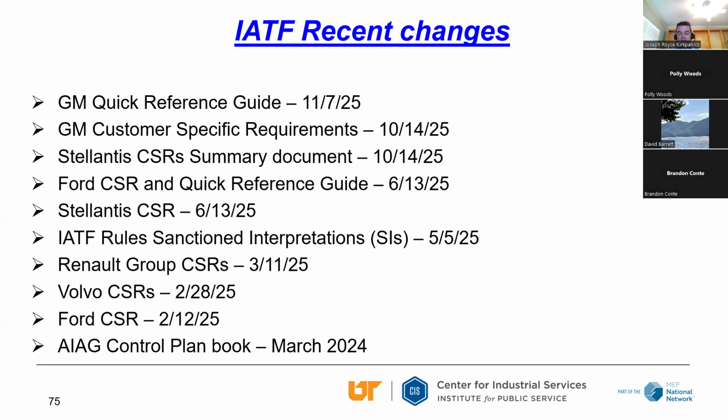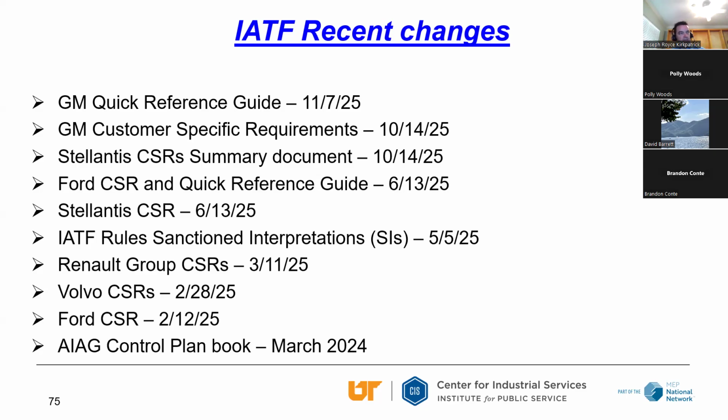And that's what an IATF auditor is going to be looking at when he's looking at your scorecards. That's how he's going to analyze them too. So you need to be on the same page with it. Stellantis came out with their new one. Ford came out this summer with a new one. The IATF rules have a sanctioned interpretation that came out in May. Everybody needs to have those on hand.